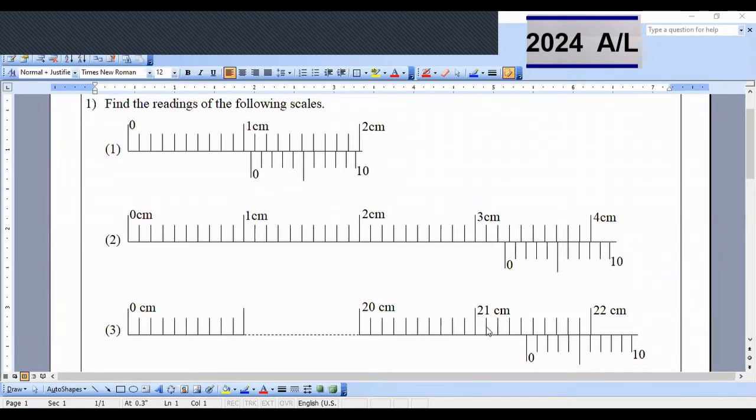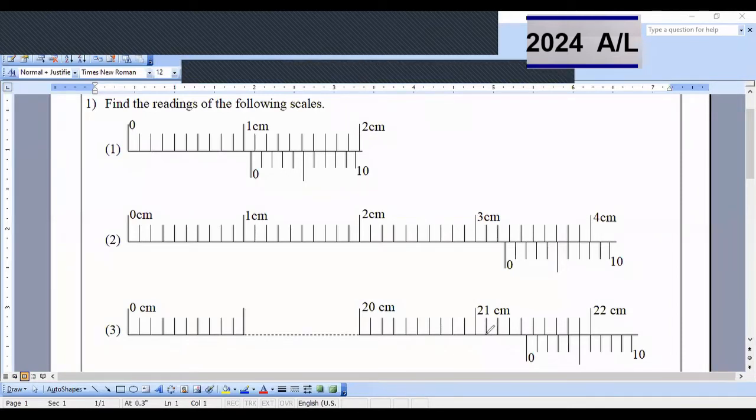So what is this then? 211 millimeters. Then what is this? 212 millimeters. What is this then? 213 millimeters.